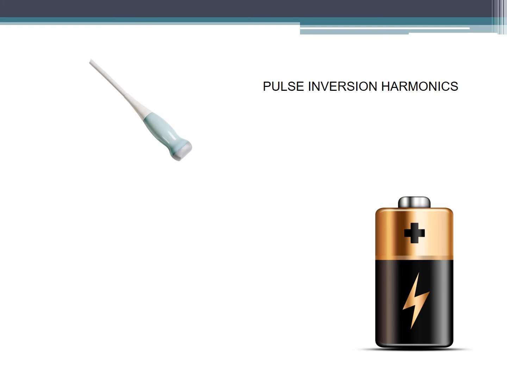So with pulse inversion harmonics, a fundamental frequency will be sent into the body, and then we send a negative fundamental frequency also into the body. So a sound wave that will exactly cancel out our fundamental frequency. So that gets sent into the body.